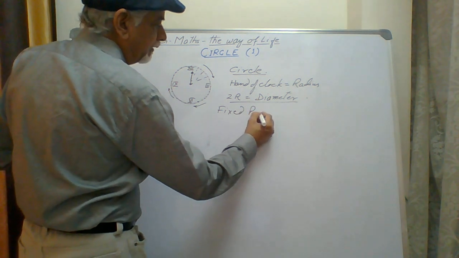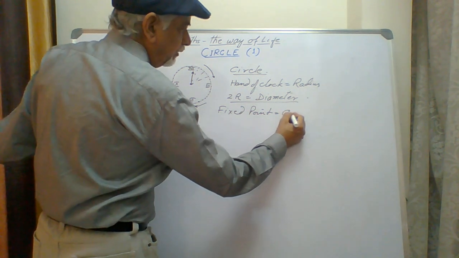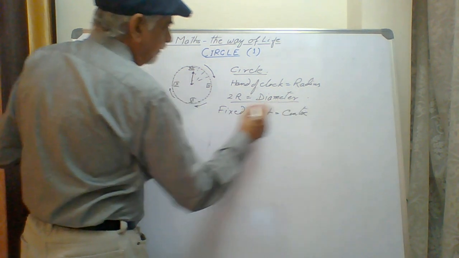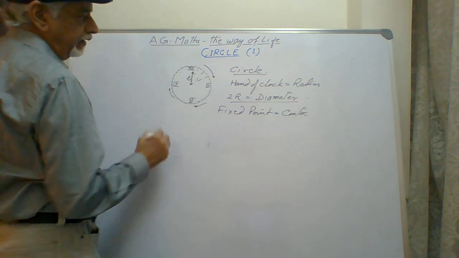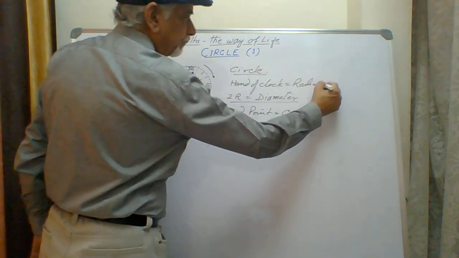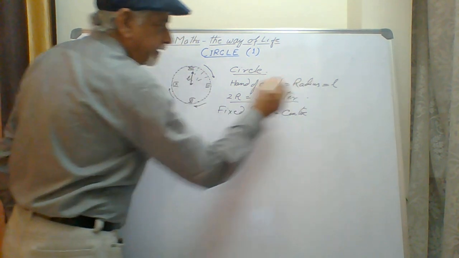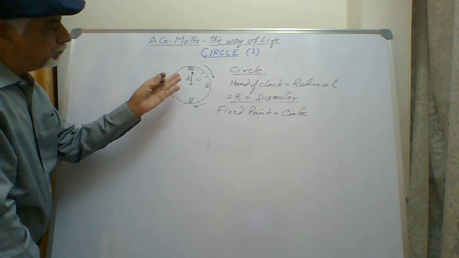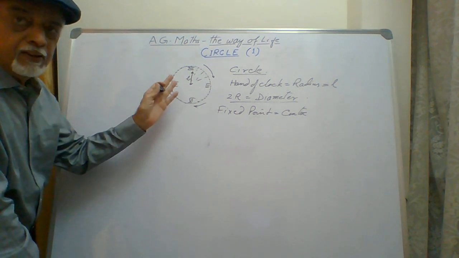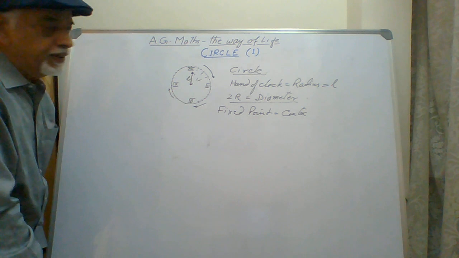And the whole length, suppose length is L, then the length of the hand is called the radius. Normally it is denoted by small r. I have considered this as the length of L, so let us call the radius small l.